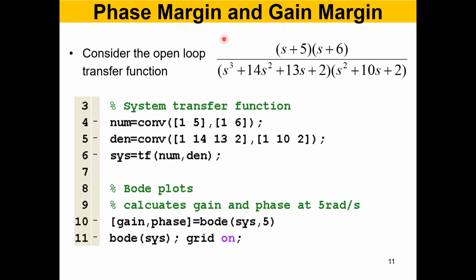If you have a 5 radians per second signal coming in to this block, what is coming out of the block? How different is the signal coming out of the block in terms of phase and gain? You can calculate it using this command. And after that, you draw the Bode plot and you put the grid on.